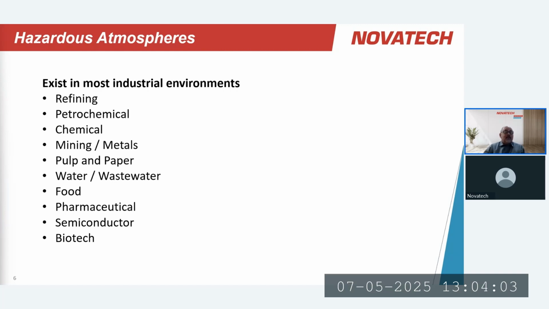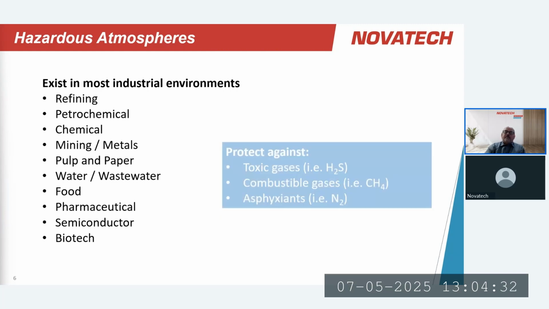So it doesn't necessarily just come in industrial environments, but certainly we are definitely familiar with it when we think about environments like refining and petrochemical, where flammable gases may be present. Water and wastewater, where we may have the presence of, of course, flammable gases, but also toxins like chlorine or H2S, et cetera. So they can exist just about everywhere. And so gas detection and/or flame detection is applicable in many, many environments.